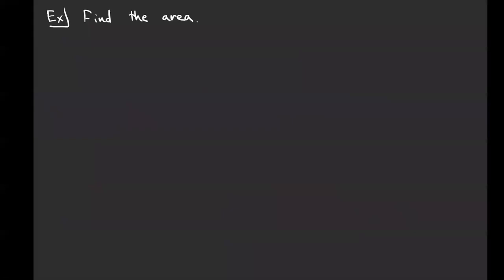And I give you this shape right there. And let's go ahead. I'm going to give us this length here of 5, and then I'm going to give us this length here of 10 up on the top.